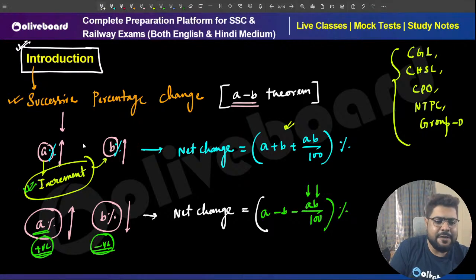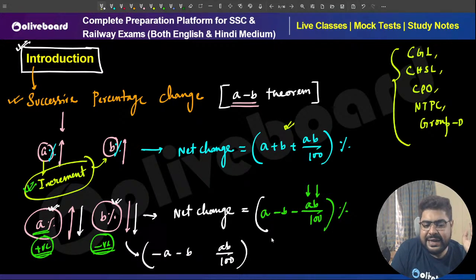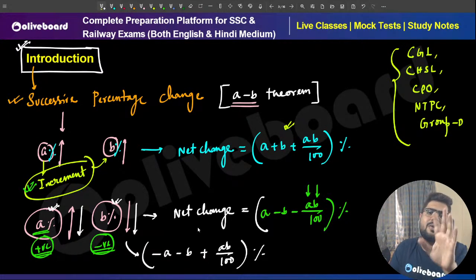Similarly, if both are decremental changes, meaning both are decreasing, what will be the net change? A is negative now, B is also negative now. So minus A minus B and A times B by 100 in terms of percentage. But minus into minus becomes plus. That is how this formula changes.